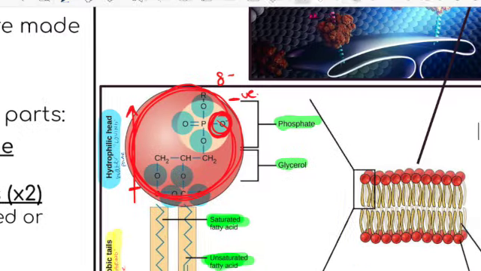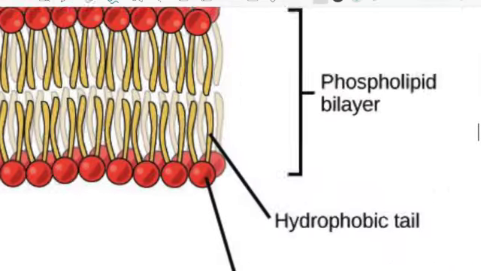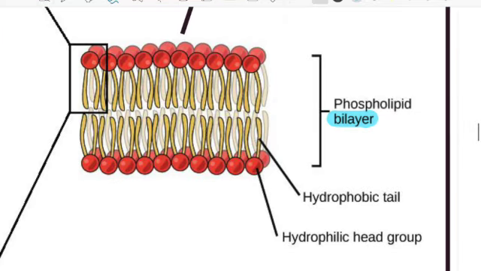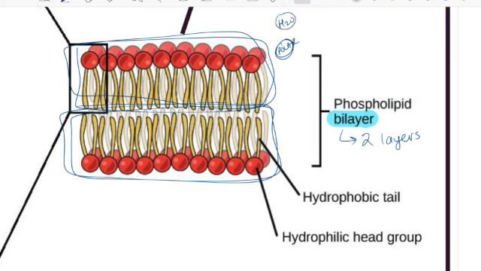So because of that, it creates something called a bilayer. Phospholipids form a bilayer. In other words, it makes 2 layers of phospholipids, right? So you can see here's one layer up here, and here's another layer down here. And you'll notice that the polar head is always hanging out with the water.